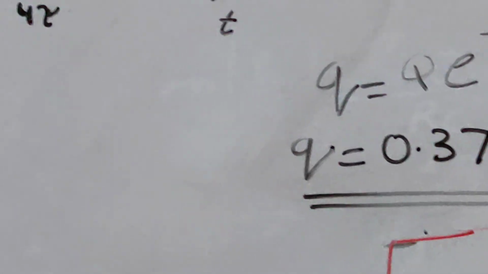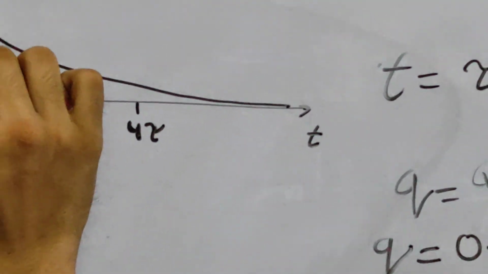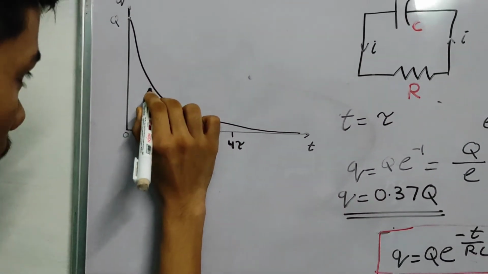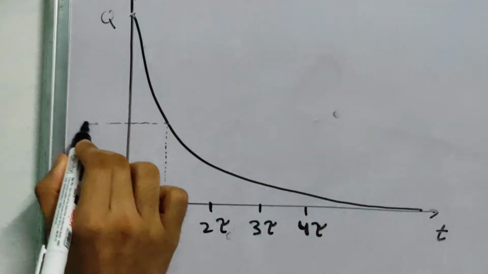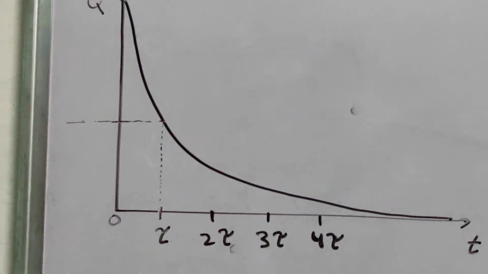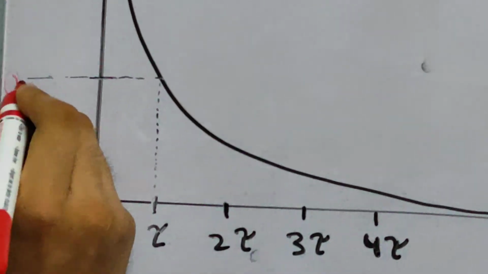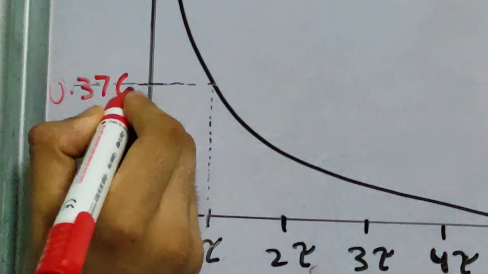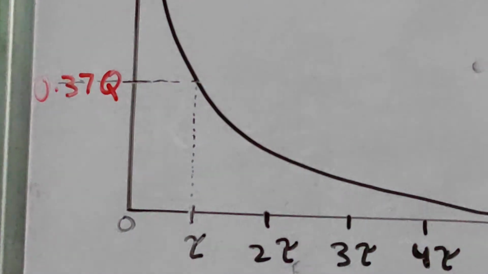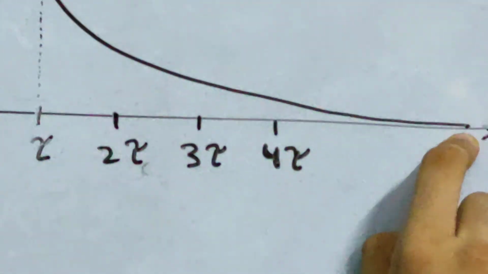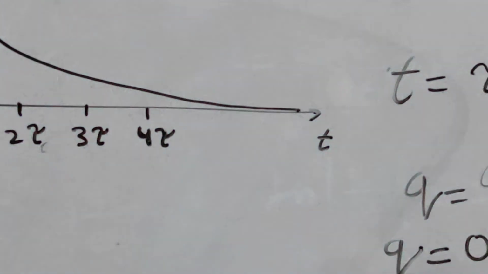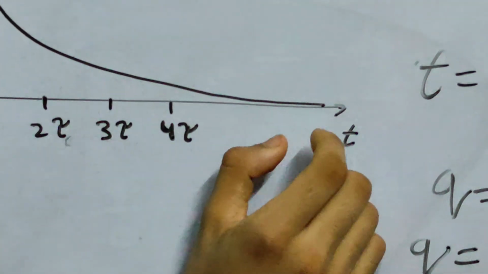So if you mark this, this will be 0.37 Q after one time constant. Now if you notice this graph, this line will not touch the time axis.